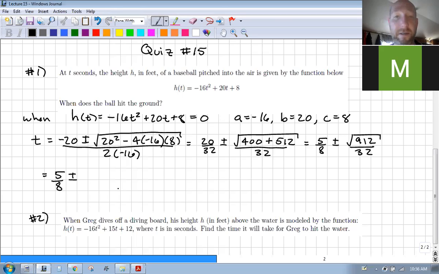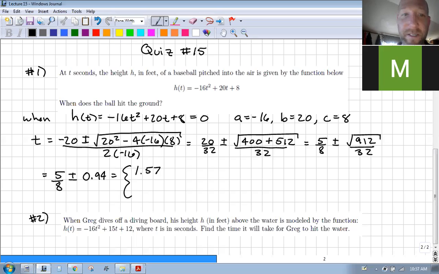Let's see. 912 square rooted divided by 32 is 0.94. So take 5 divided by 8 plus 0.94, so 1.57.